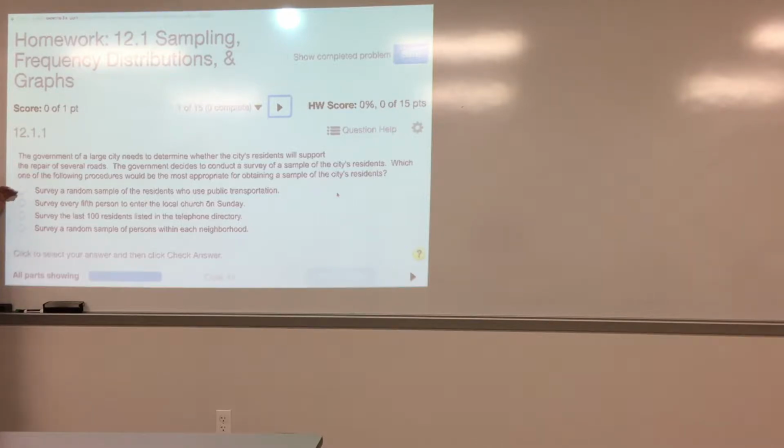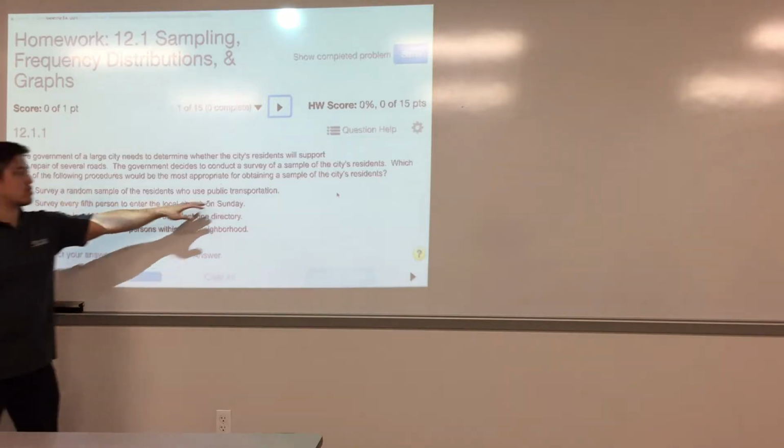So for example, let's take a look at this. Survey a random sample of the residents who use public transportation. This is not the ideal way because it doesn't take into account the people who don't use public transportation. It might create a bias, because what we're looking to do is figure out if they support repair of roads.